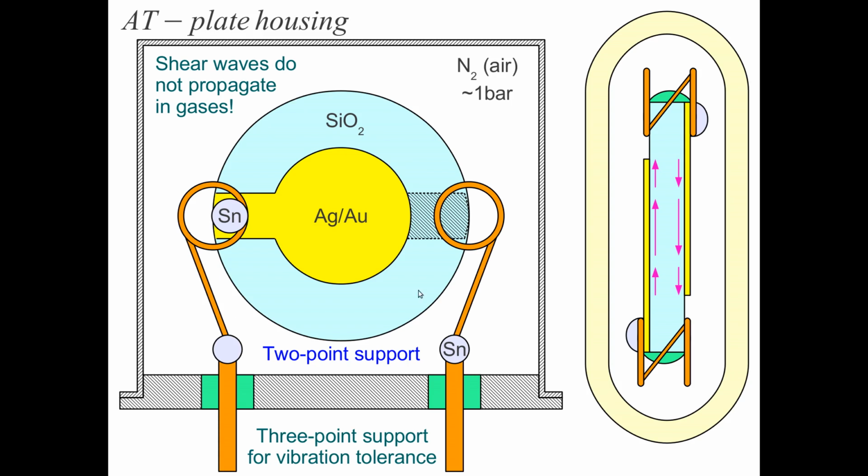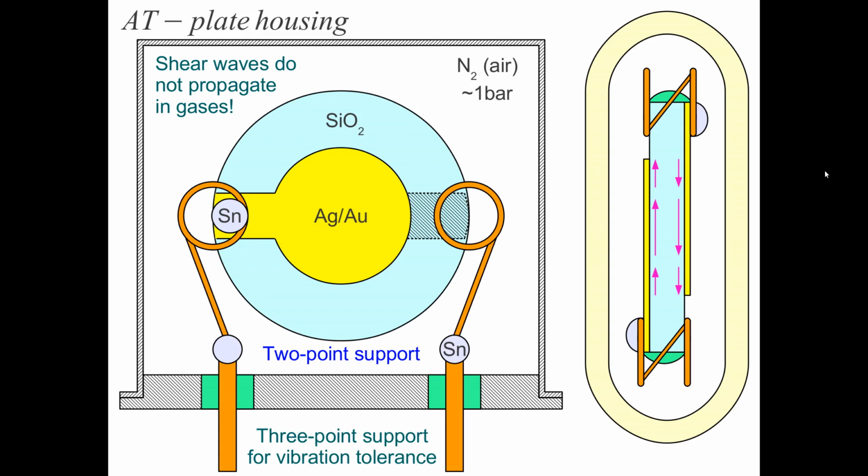This is the quartz plate, and this is the plating from one side, and from the other side silver or gold plating. This is a hermetic housing, but inside the housing we just keep clean nitrogen at 1 bar, approximately the ambient pressure.